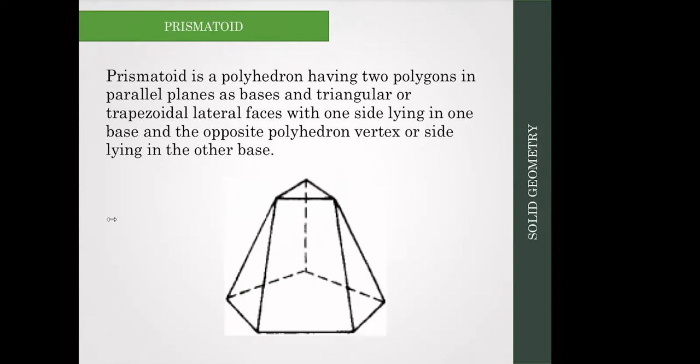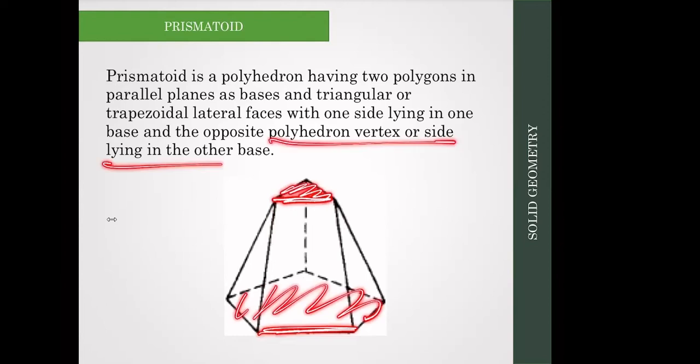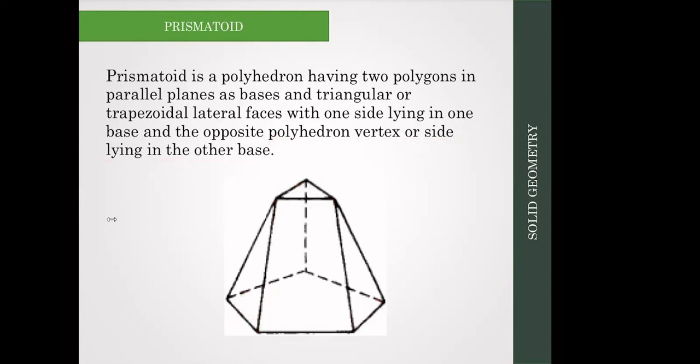And yung one side ng lateral surface na yon, halimbawa ito yung isa sa surfaces natin, yung one side niya is naka-connect dun sa isang base natin and yung other side is naka-connect dun sa other base natin. So yun yung meaning nung definition ng prismatoid, no? So si cylinder, si pyramid, si cone are all underlying siya ng prismatoid, no?